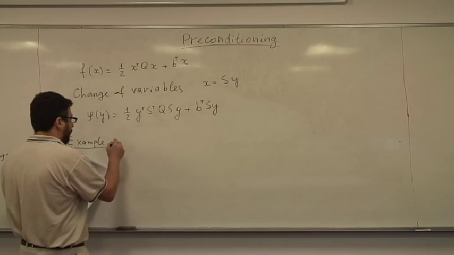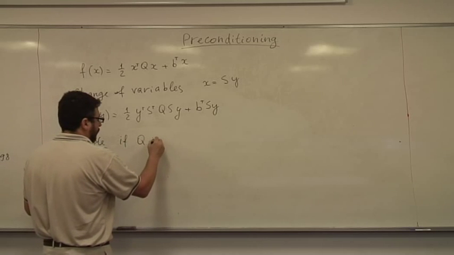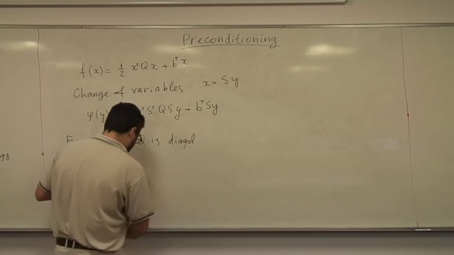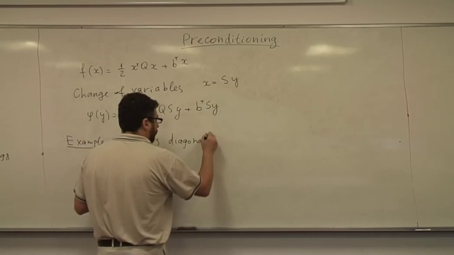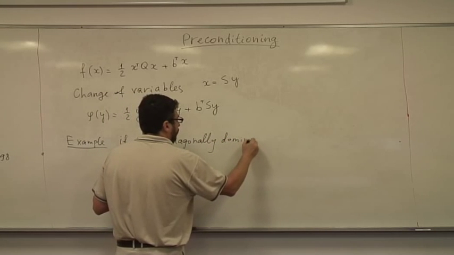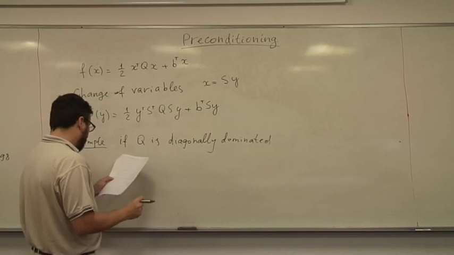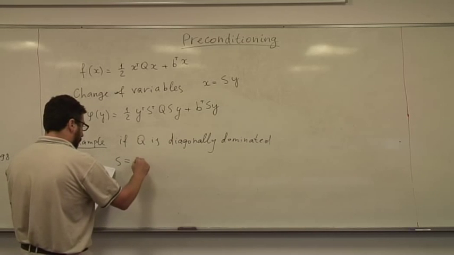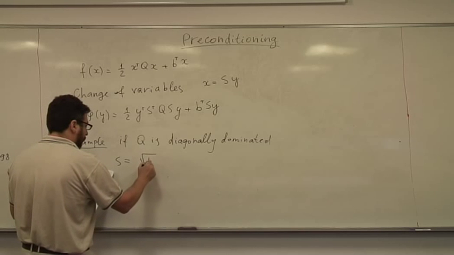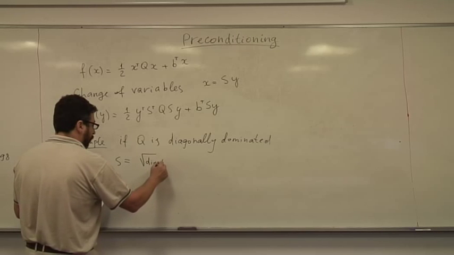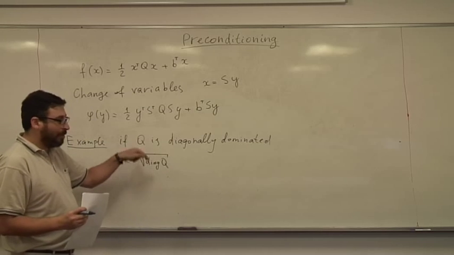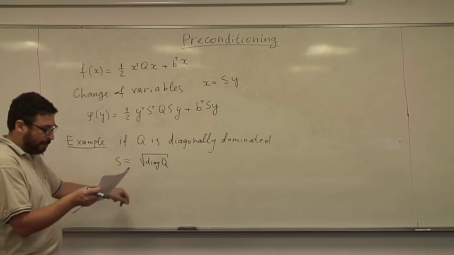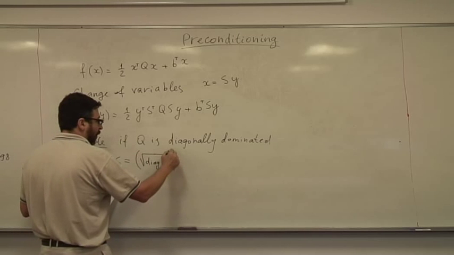If Q is near diagonal or diagonally dominated, we use S, I will write it in the following way: square root of diag Q, meaning diag Q is a diagonal matrix with the diagonal elements of Q and other elements 0, and then I take square roots of these numbers and then take 1 over them.